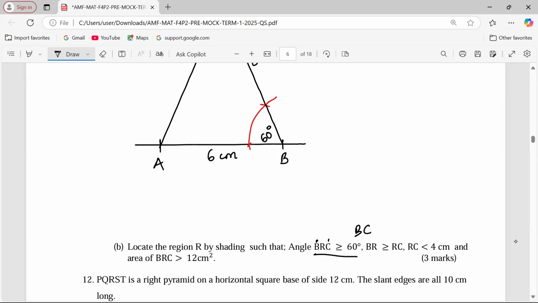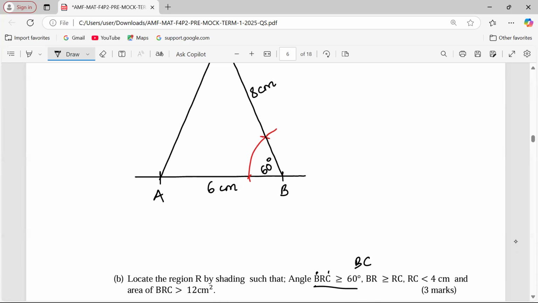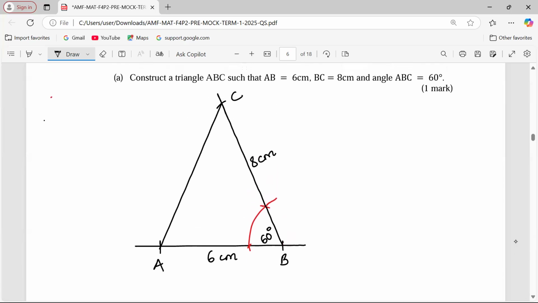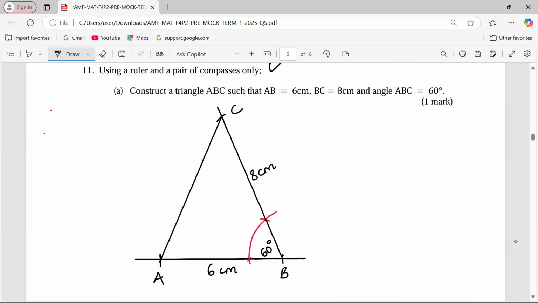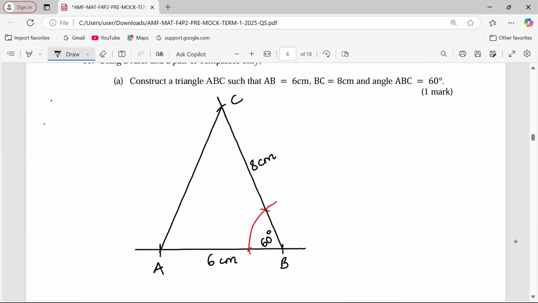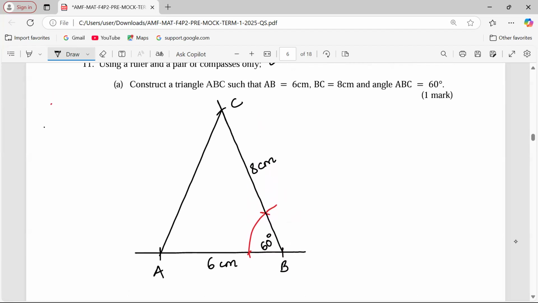For us to be able to construct an angle of 60, according to angle properties of a circle, we need a center. We need a center where we can construct double that angle. So we need 120 at the center.